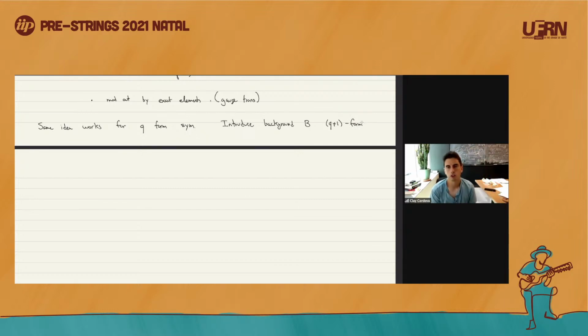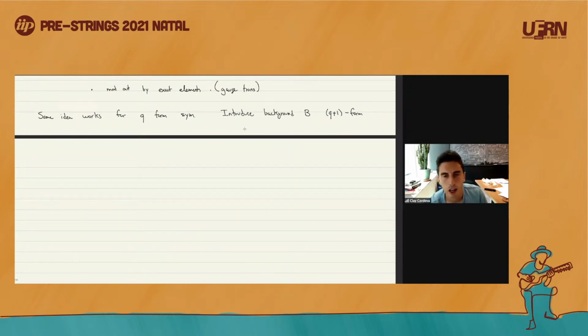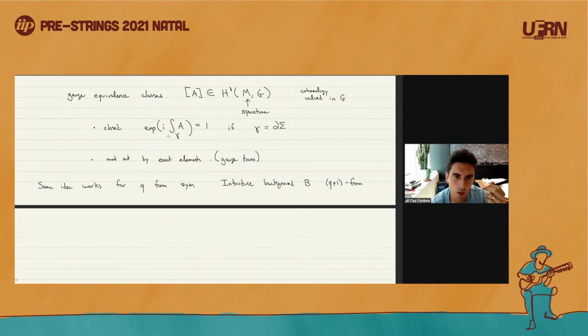You should compare that to the case Q equals 0, which was an ordinary global symmetry, and the background gauge field was a 1 form. And now, instead of being characterized by these holonomies, these Wilson lines, the gauge field will be characterized by Wilson surfaces.